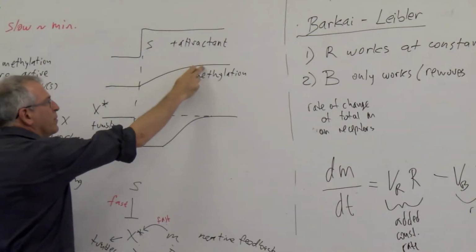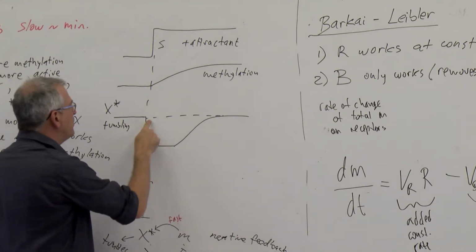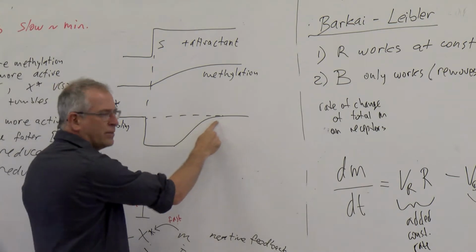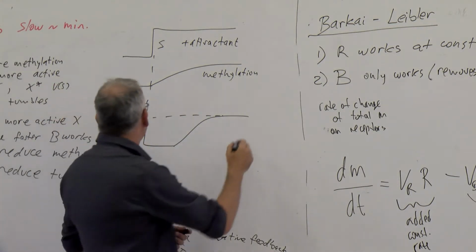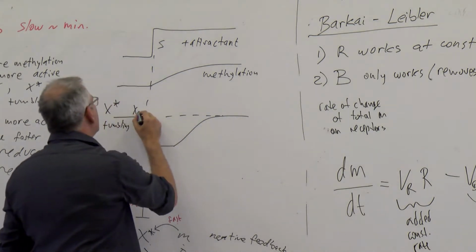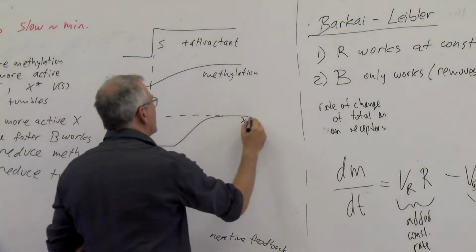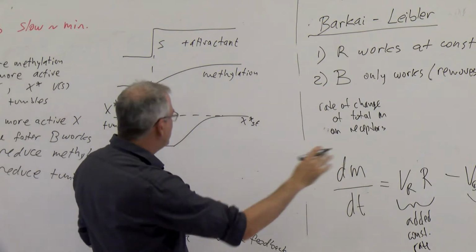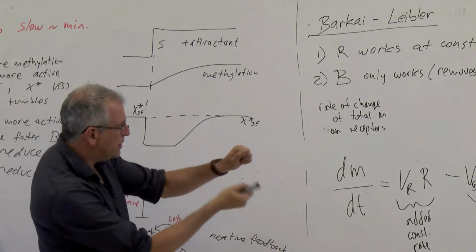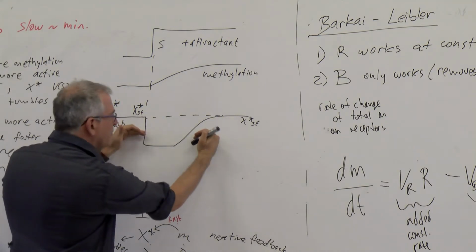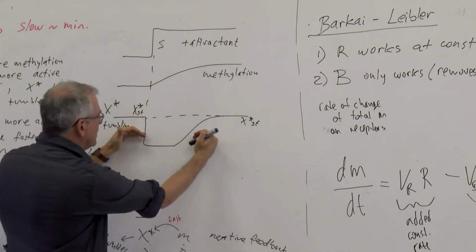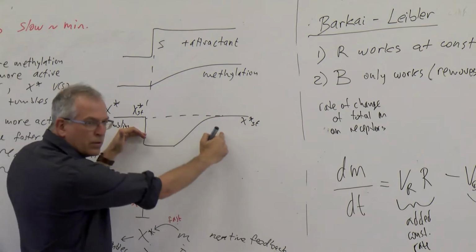And when does it stop? It can only stop when X star reaches its steady state because of that equation. So before I had X star steady state, and after I had X star steady state. The value of the steady state can change if I change the R and B proteins. But whatever those proteins are, R and B, I'll always get a return to the steady state.